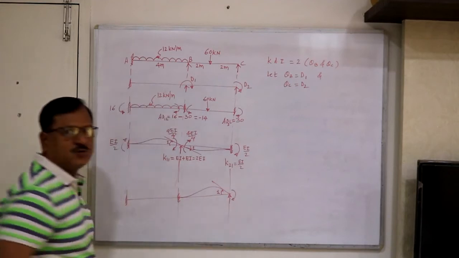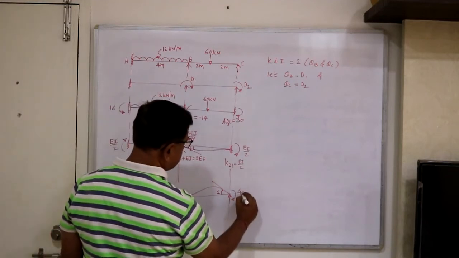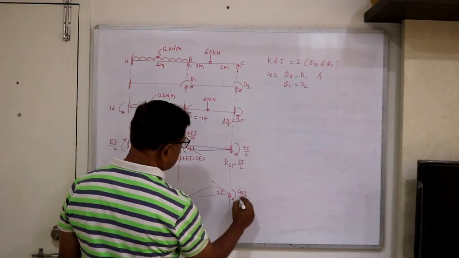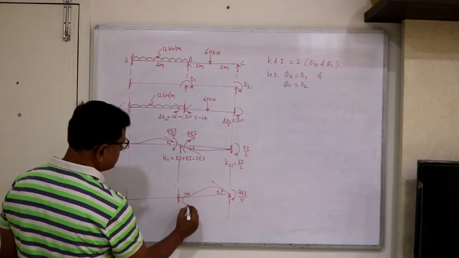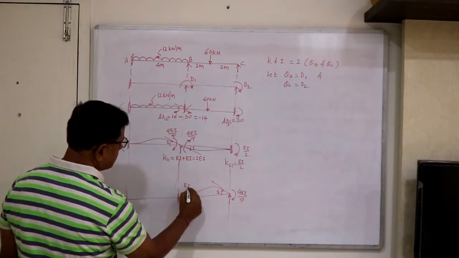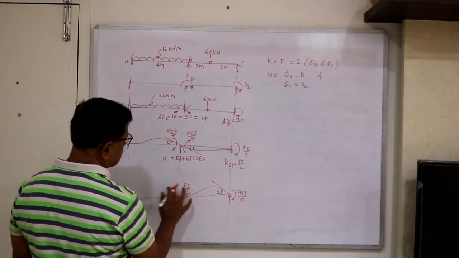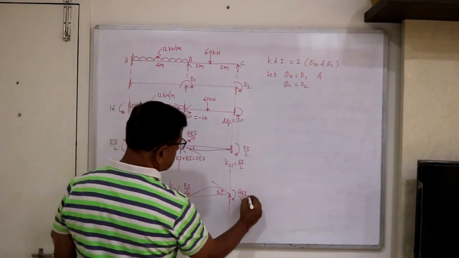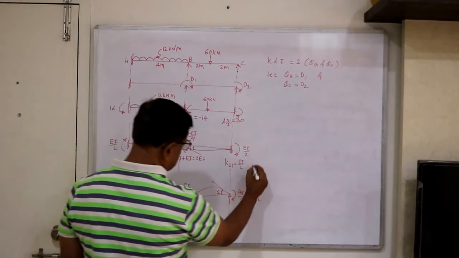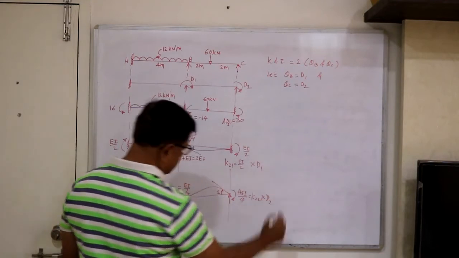So clockwise moment developed here is 4 EI upon L is again 4, and here clockwise moment is EI by 2. So that means this is in the direction of 1 due to 2, and this is in the direction of 2 due to 2. These are to be multiplied by D1 and these are to be multiplied by D2.